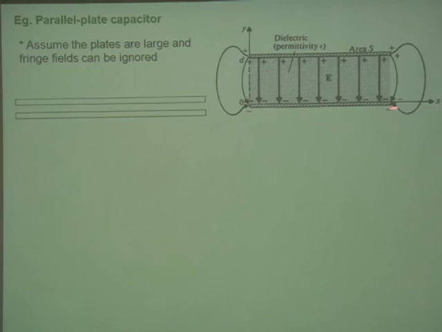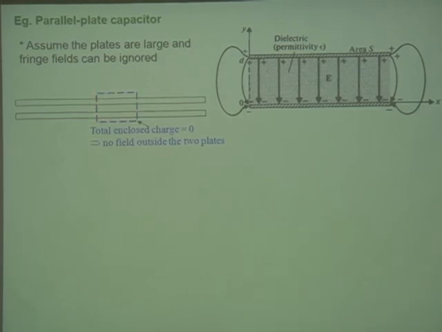The bottom plate, you have negative charges. So if you choose a Gaussian surface like this, you are going to enclose nothing because the total charge is 0. This device simply separates the two charges, negative charge and positive charge.